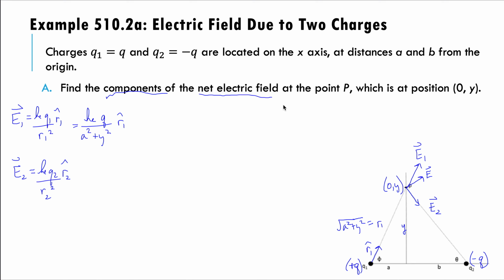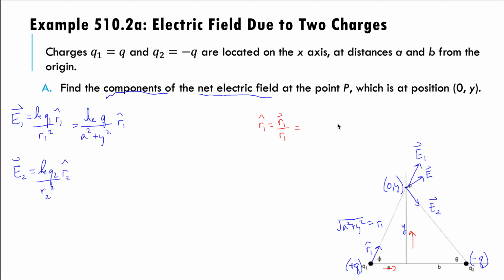To find a unit vector, we can do that on the side over here. r1 hat is going to equal the vector r1 divided by the magnitude of r1. To find the vector r1, which is the position vector from the charge Q1 to the point P, which goes to the right and upward, we have to go to the right a distance a and then upward a distance y.